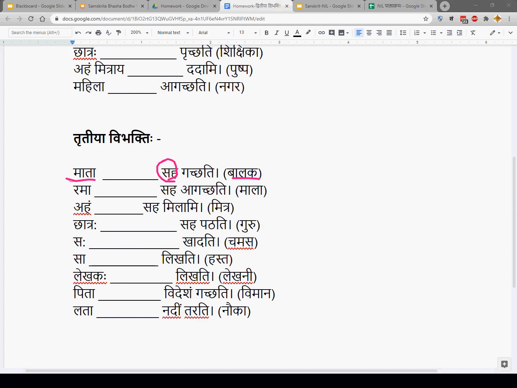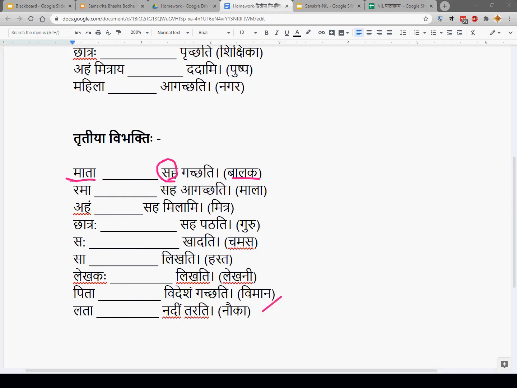Because you know that this language is all about context, to infer based on what the person is trying to say. So here, Mata balakena gacchati means obviously she is not using the boy and going like a vimana.